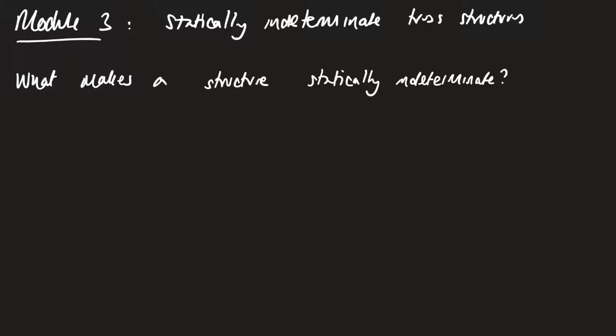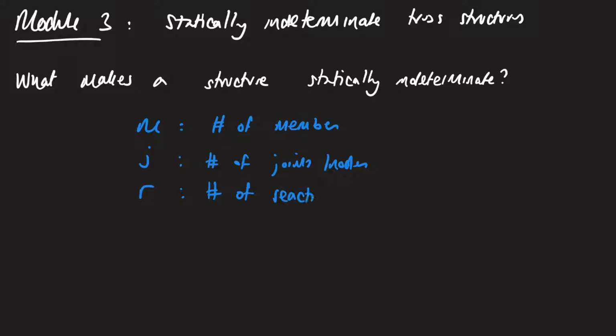We've got three numbers that we need to remember: M, J, and R. M is the number of members, J is the number of joints, or the number of nodes, and R is the number of reactions, unknown reactions.